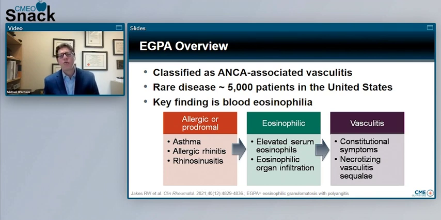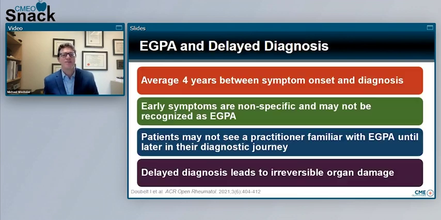It's a relatively rare disease with only about 5,000 patients in the United States. But the key finding is that of blood eosinophilia that causes a lot of the tissue damage.